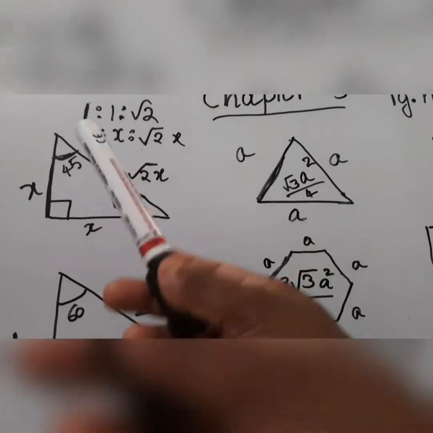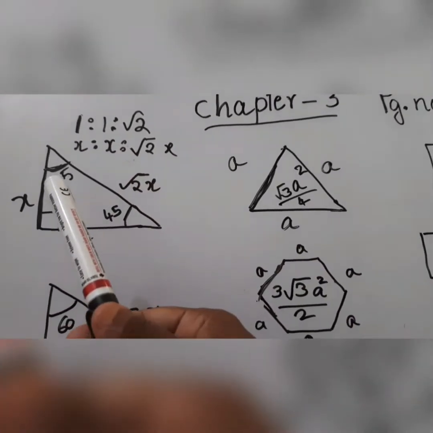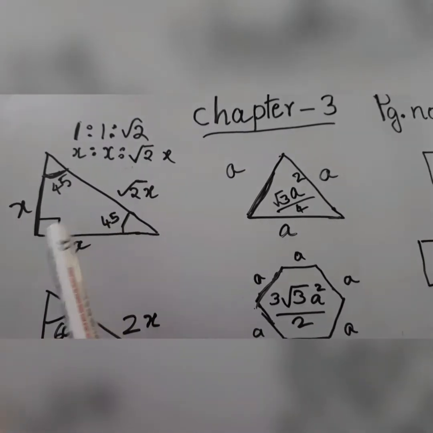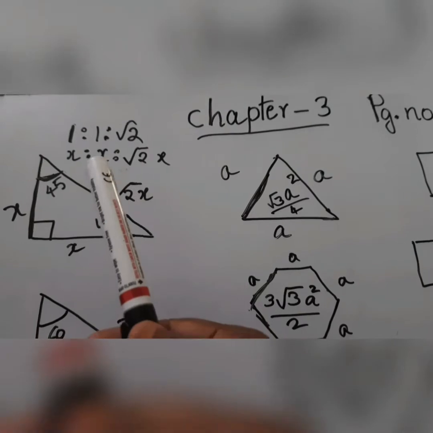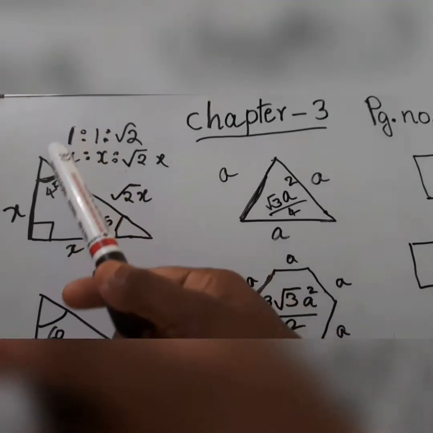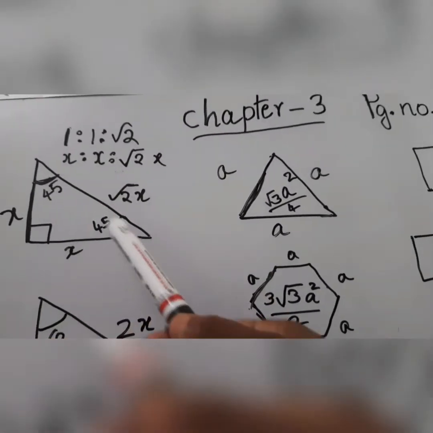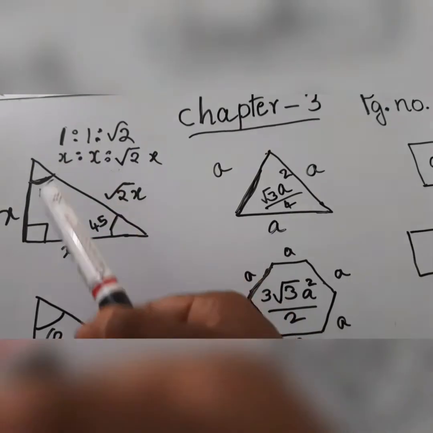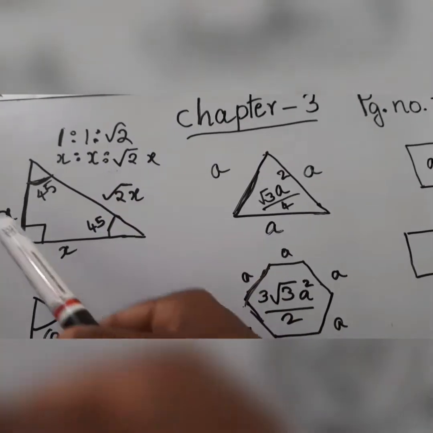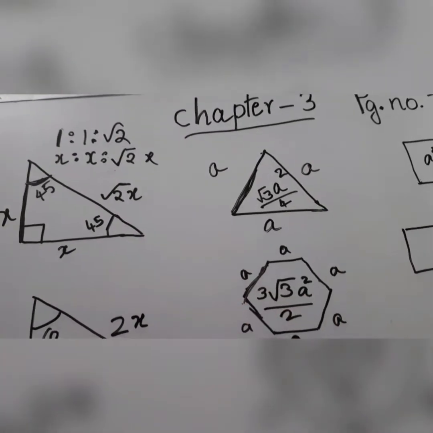Now we can go to this triangle. In this triangle, these two sides are equal, that is 45 and 90. We learned this in the previous class. The side ratio will come 1:1:root 2. The equal sides are opposite 45, so the side will be x, then root 2 x.